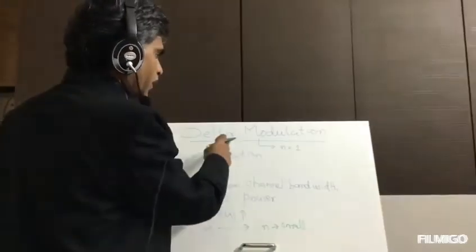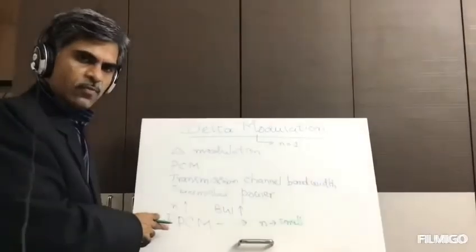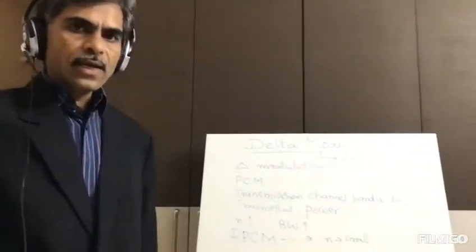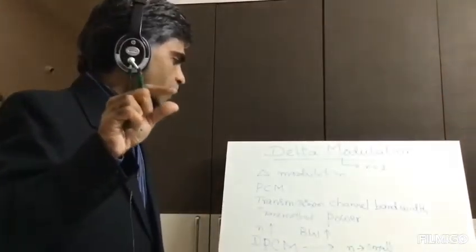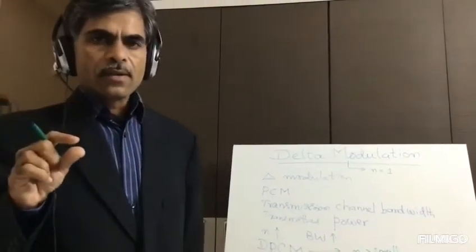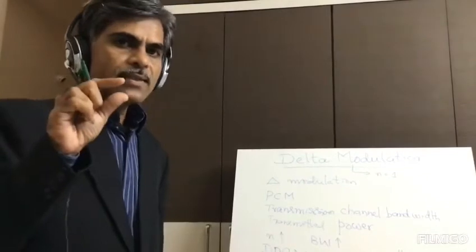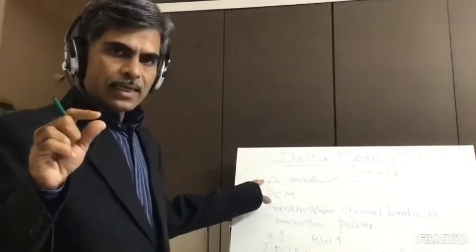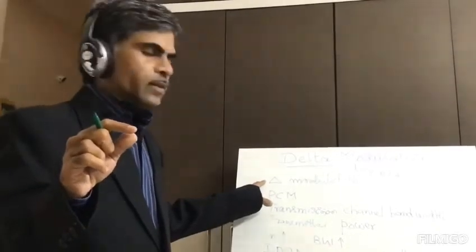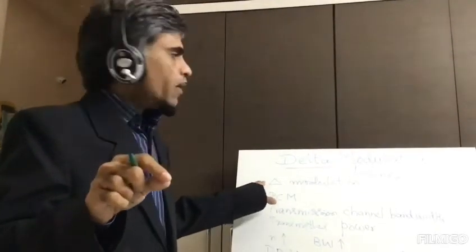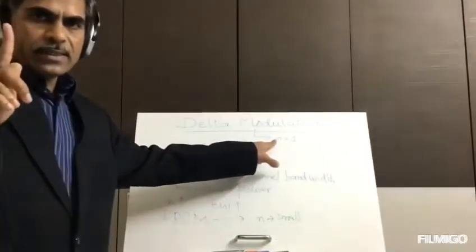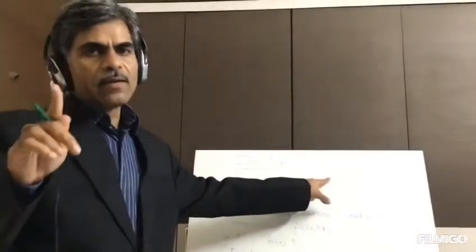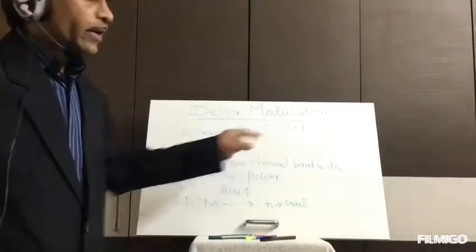So, delta modulation is the simplest form of differential pulse code modulation, where the difference between successive samples will be coded, and that difference is very small and is named as delta, and to encode that difference we require only 1 bit. 2 quantization levels and only 1 bit at a time will be coded here.